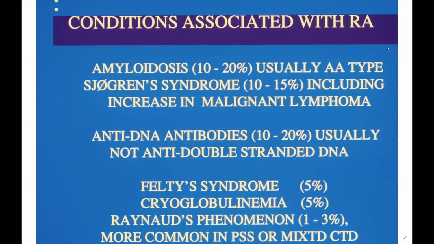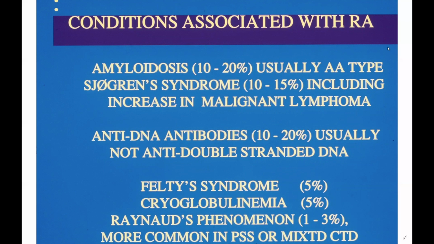Felty's syndrome, which is a syndrome of hypersplenism, granulocytopenia, and marked cutaneous vasculitis, which is devastating. And I used to say there are ways to tell between Felty's syndrome and Sjogren's syndrome.